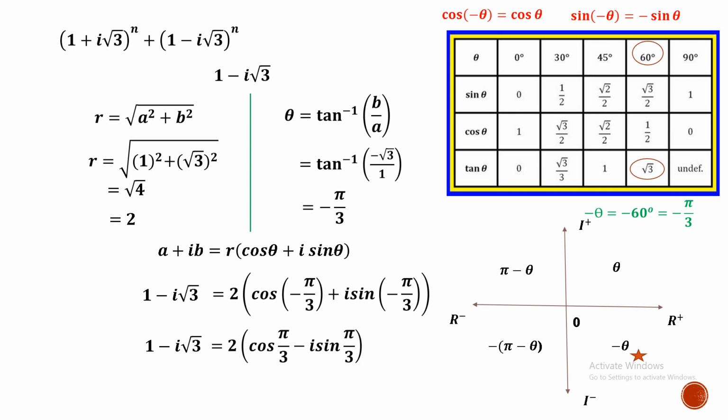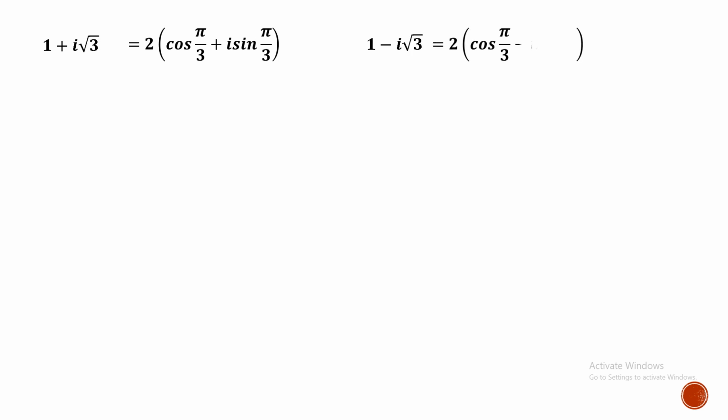Now let us try to simplify the problem. The problem is 1 plus i root 3 the whole power n plus 1 minus i root 3 the whole power n. 1 plus i root 3's polar form is 2 into cos pi by 3 plus i sin pi by 3. 1 minus i root 3's polar form is 2 into cos pi by 3 minus i sin pi by 3.